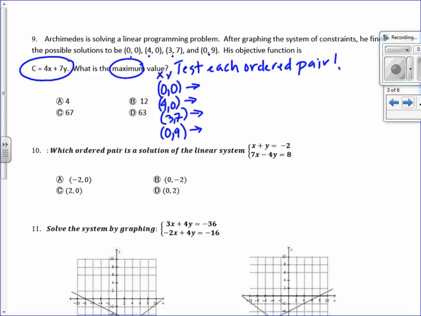All right? So I have 4 times 0 plus 7 times 0, which is just 0. For the next one, I have 4 times 4 plus 7 times 0, which is 16. Then I have 4 times 3 plus 7 times 7.